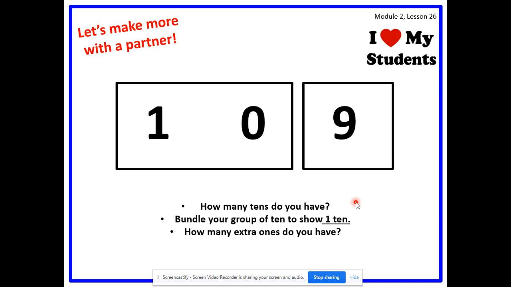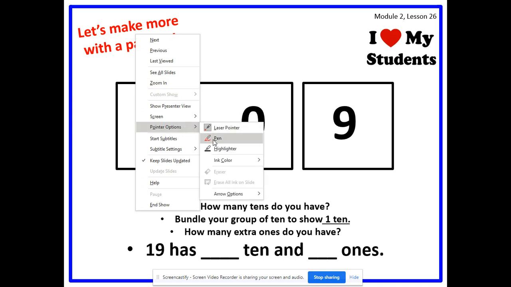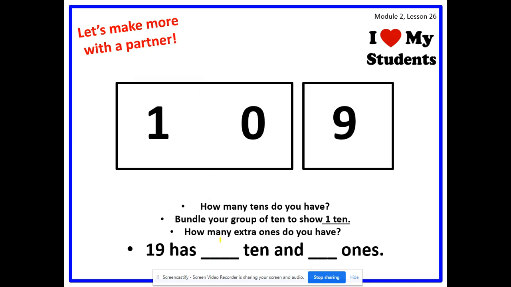So our 10 fingers and our 9 fingers become how many 10s and how many ones? 19 has how many 10s, boys and girls? Let me go ahead and help me fill this out. Remember, you're still listening. You don't have to write this down. Do you have to write this down? Get ready. No. So 19 has how many groups of 10?